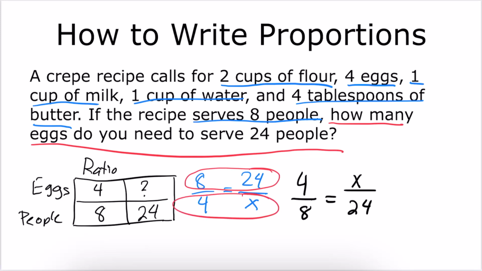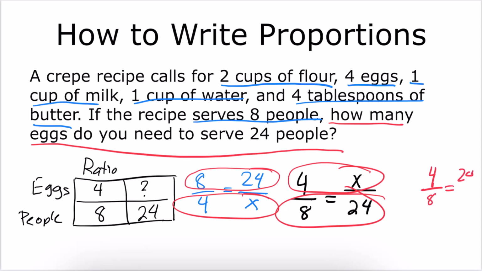In this case, we had people on top and eggs on the bottom, but you could also have eggs on top and people on the bottom. Either one of those is fine. But what wouldn't work is to write it as 4 over 8 equals 24 over x. That would not be an accurate proportion that represents this situation.